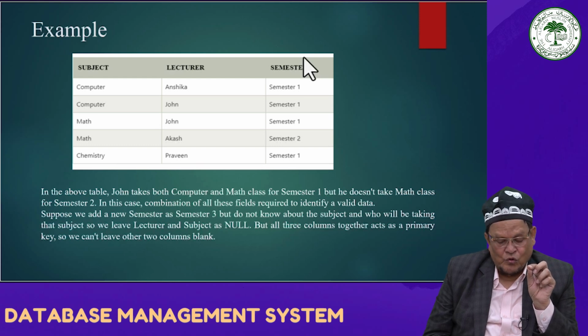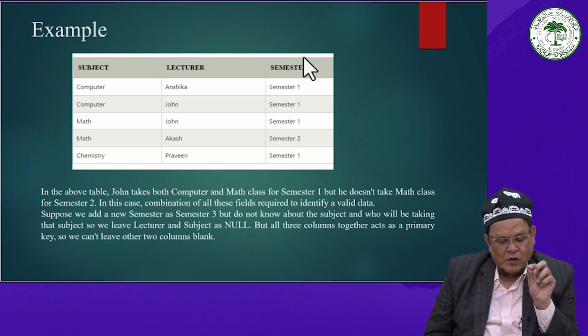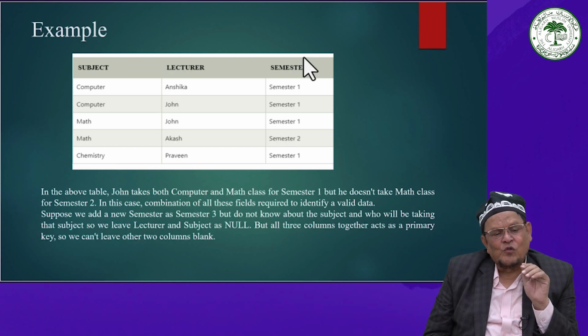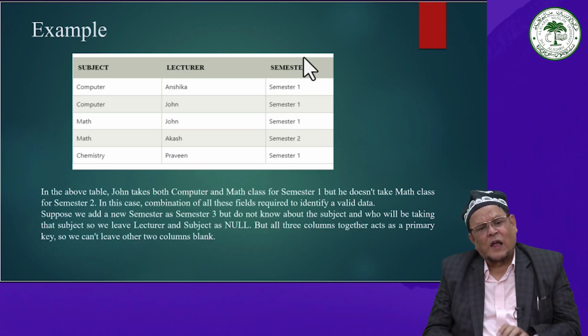All three columns together act as a primary key, so we cannot leave the other two columns blank. So you have to enter the value. You cannot leave attributes blank. So here it creates a problem at the time of insertion.